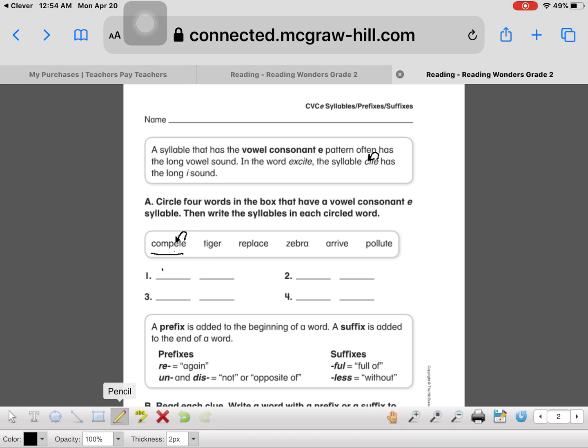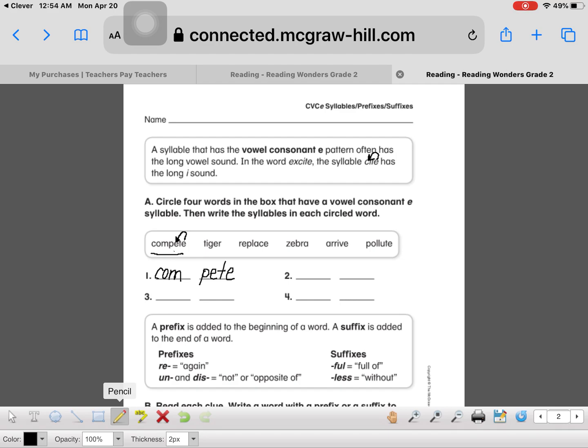In the first syllable, the letters are C-O-M, com, and then the second syllable has the word Pete. So if you were to say compete with your hand underneath your chin, each time that your mouth opened, the first syllable would have com, and then the second syllable would be Pete.